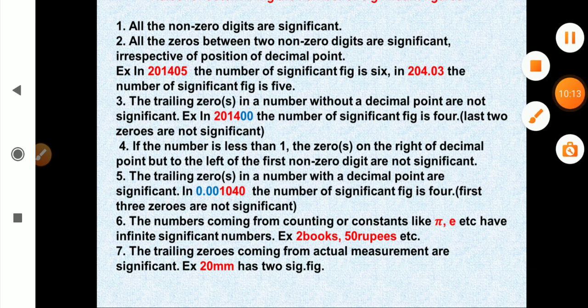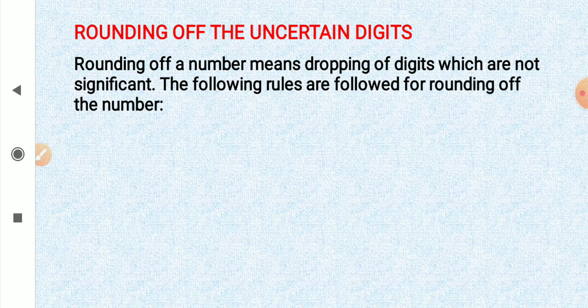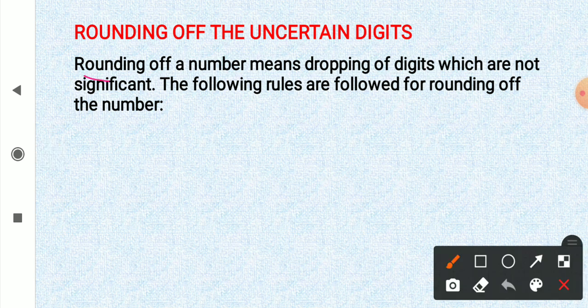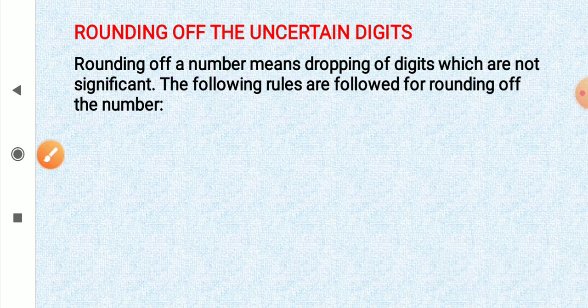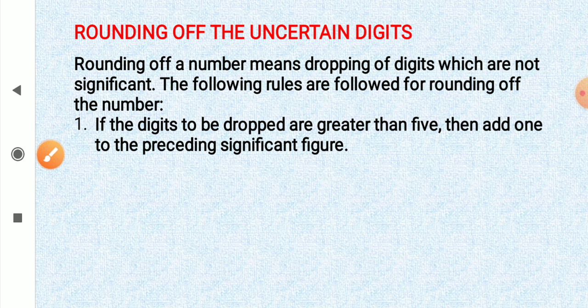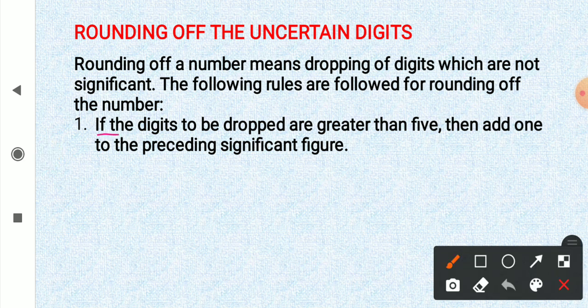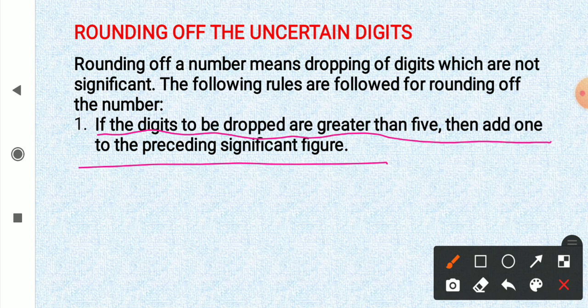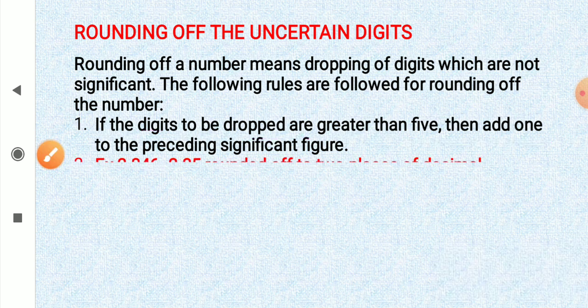And now, rounding off of uncertain digits. So rounding off of a number means dropping off digits which are not significant, and you are familiar with some of the rules. So let me just tell you that if the digit to be dropped is greater than 5, then add 1 to the preceding significant figure.